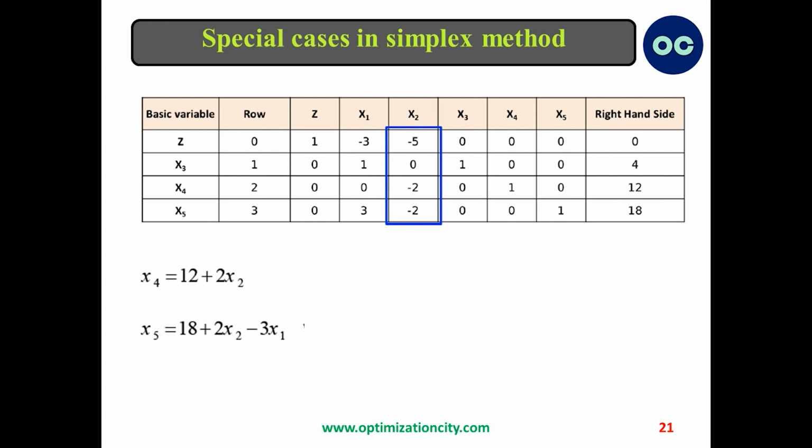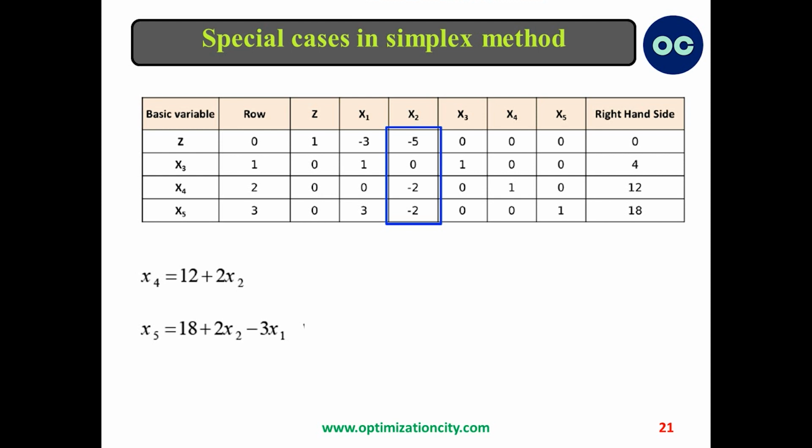And in the above table, we see that x4 is equal to 12 plus 2x2, and x5 is equal to 18 plus 2x2 minus 3x1, where x2 can be increased infinitely. As a result, the value of the objective function increases infinitely, and the constraints do not prevent the unboundedness of the objective function.